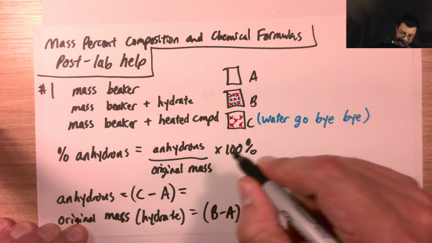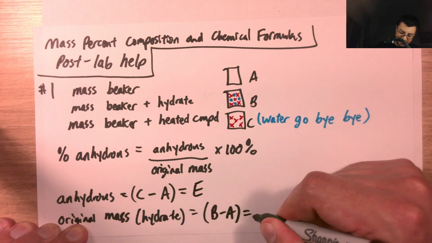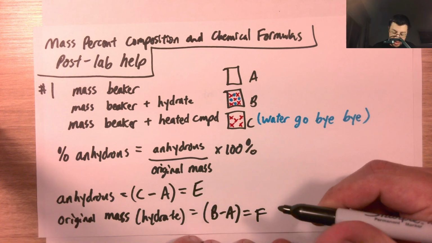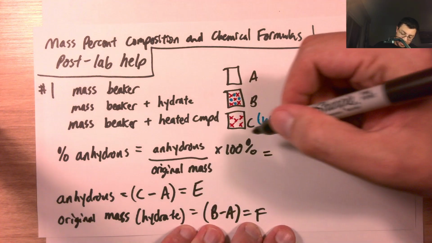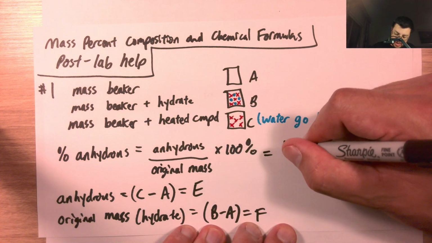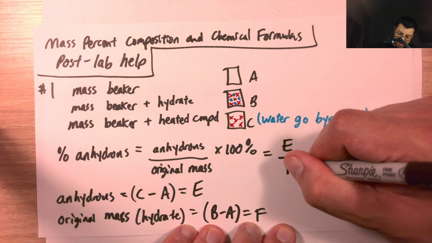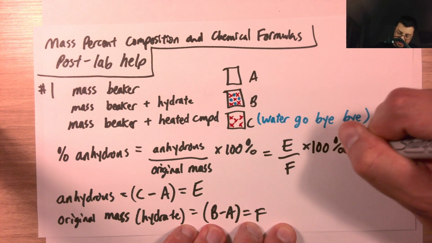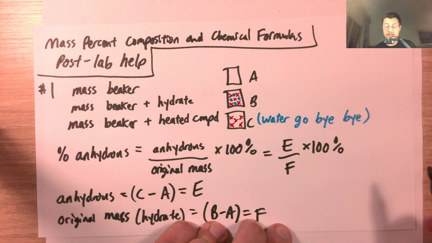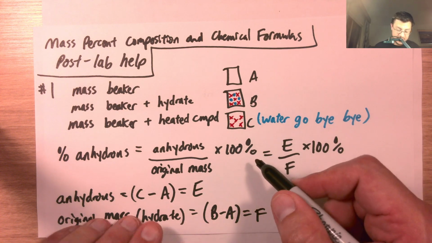So we'll call this, I don't know, E. We'll call this F, something like that. So to get your percentage, you're going to do E divided by F here. And make sure you multiply your answer by 100% so that you get a percentage.